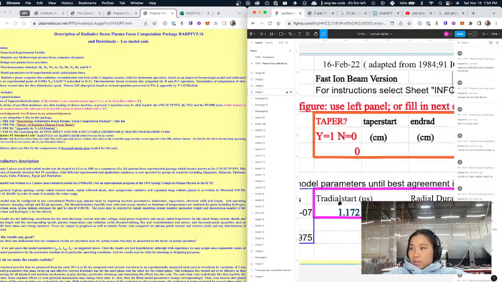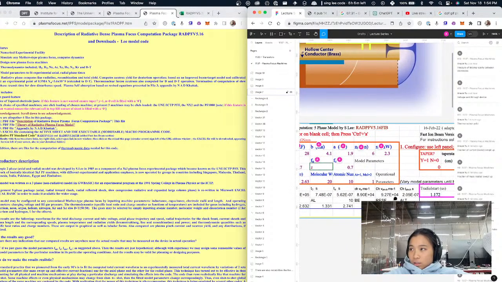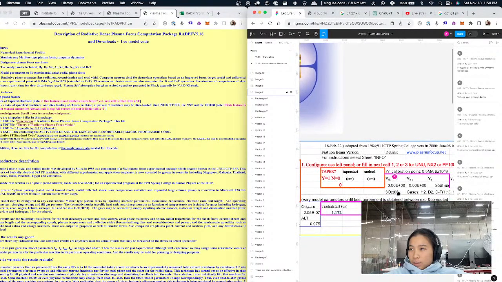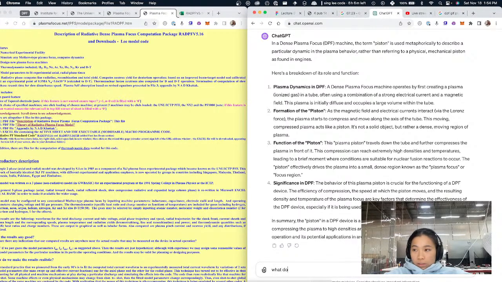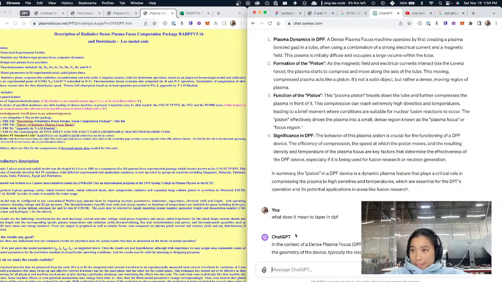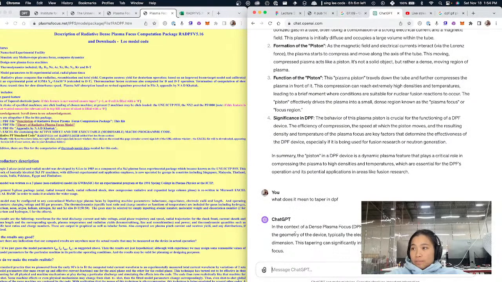Yes, this duration thing I actually think matters. So this set of parameters I think we're not going to touch or look at. Less relevant. Taper. What does it mean to taper? Indents in DPF. I see.